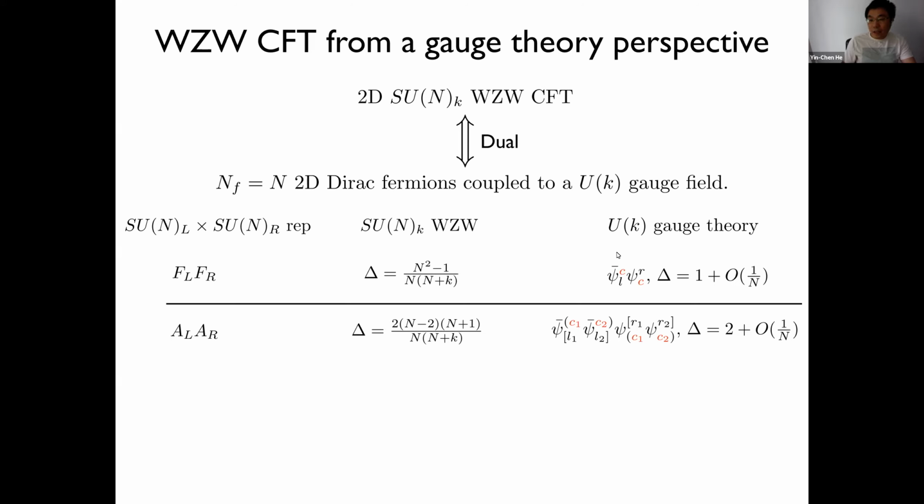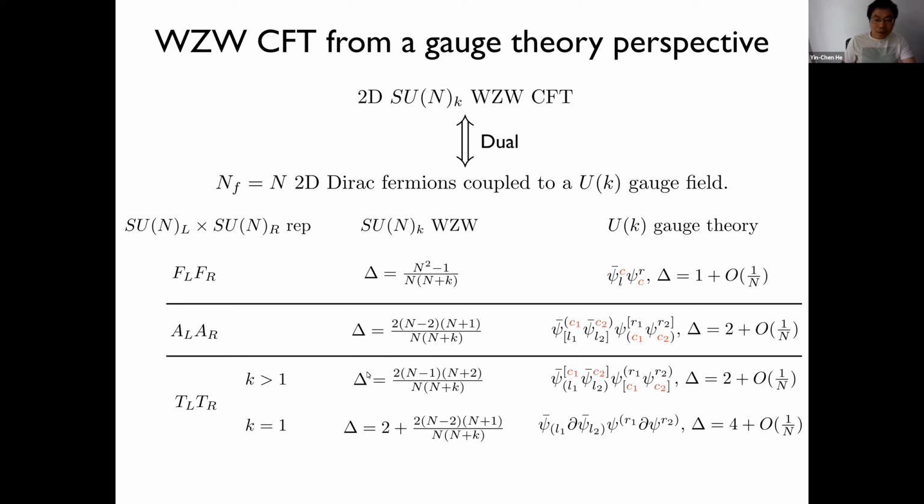In the gauge theory, this operator will be a 4-Fermi operator, schematically written like this. Here we need to anti-symmetrize the flavor indices, and because it's fermions, we need to symmetrize the color indices. So it's totally fine to do so. Then we get an operator with scaling dimension around 2. This again matches what we know of the Wess-Zumino-Witten CFTs in the large N limit.